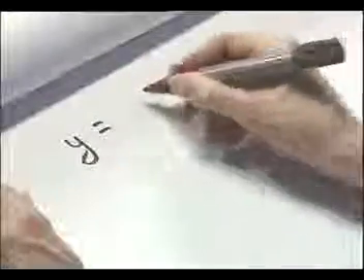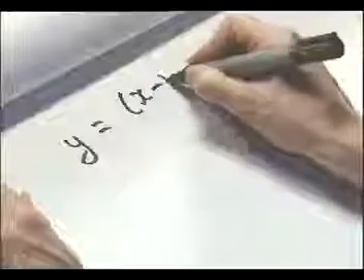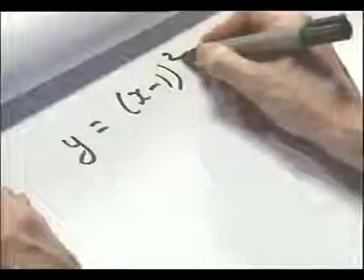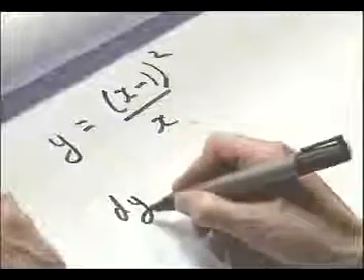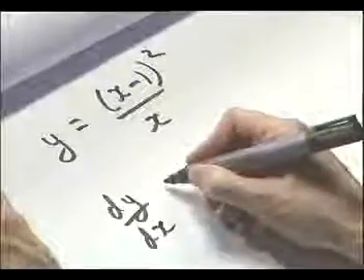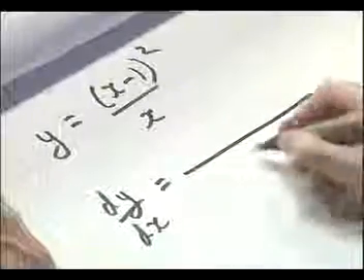So let's write down again y, dy by dx, and our points. So we had y, that was (x minus 1) all squared over x, and we had dy by dx, and dy by dx was over x squared.